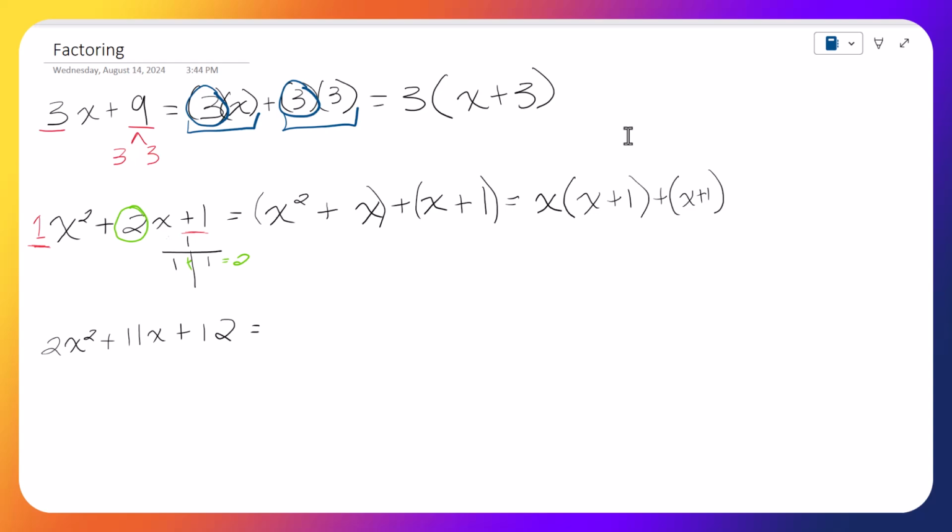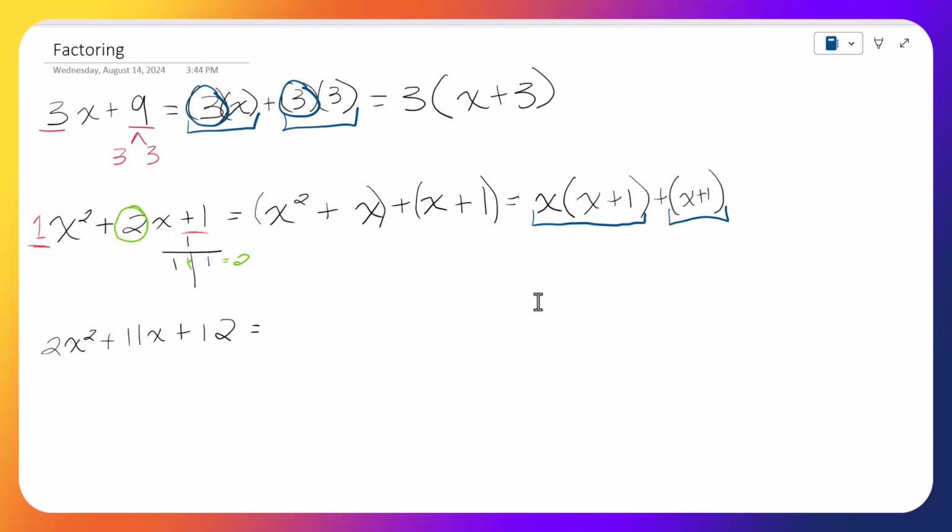I guess the grouping will be nice for this part of it. And now I'm going to look at these 2 terms. So we have x times x plus 1, that's all one term, and we have this x plus 1. These are our 2 terms.